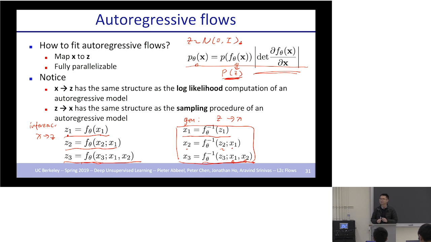Yes? What's the advantage of having the encoding and decoding done by flows rather than just thinking about the variational element? So it's somewhat different. We will talk about VAE a little bit, probably in an hour. But basically, the difference here is that in a flow, everything is fully specified. So if I give you a random variable X, there's no other entropy to explain.